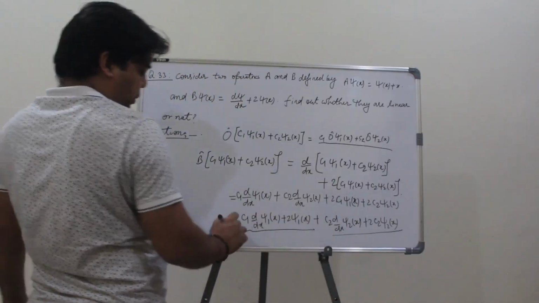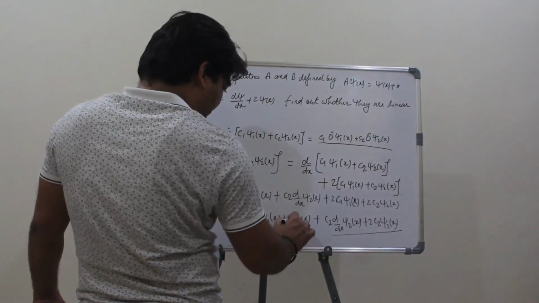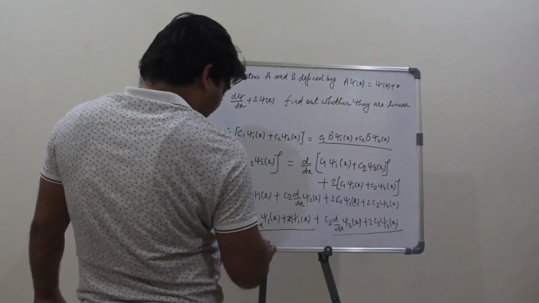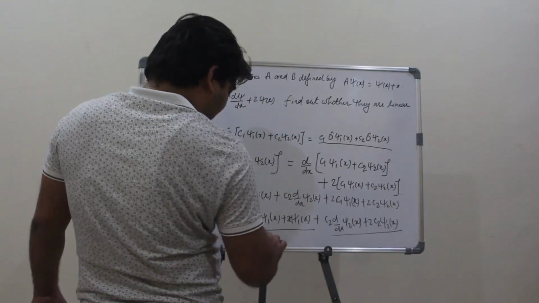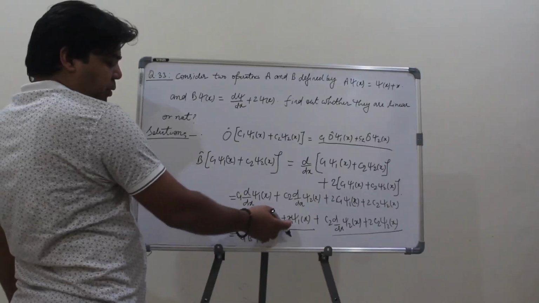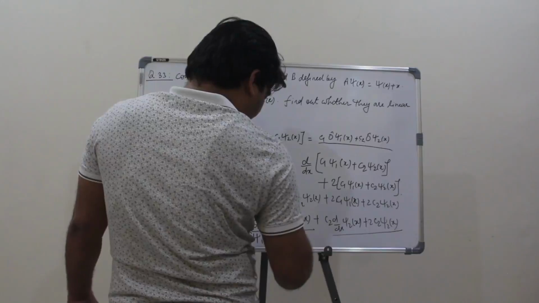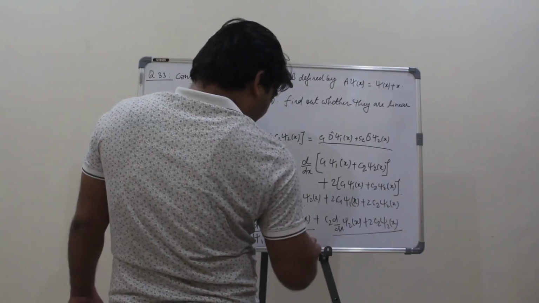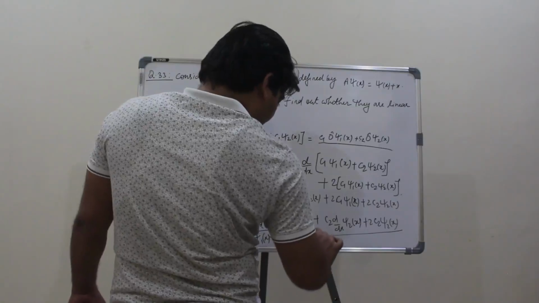This is nothing but c1 B cap operating on psi 1, because B cap operating on psi 1 gives you d/dx of psi 1(x) plus 2 psi 1(x). You take c1 common, plus c2 B cap of psi 2(x).